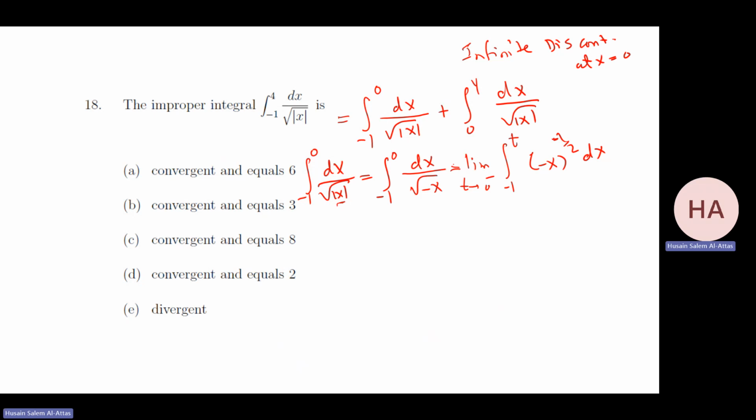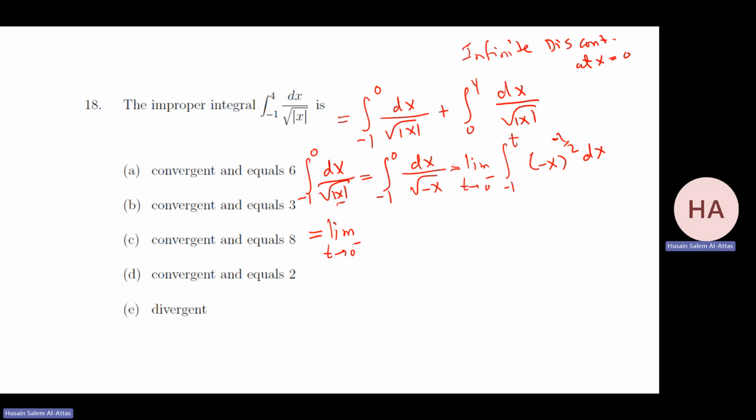Be careful. The limit as t goes to 0 from the left of what? You add 1, that will be half. What is minus x? You need to be careful, you need a minus sign.